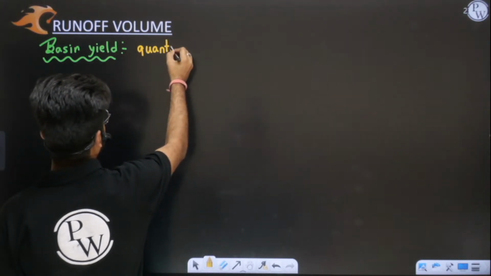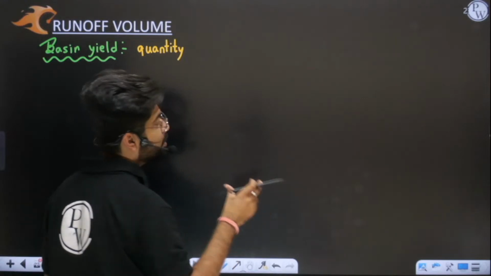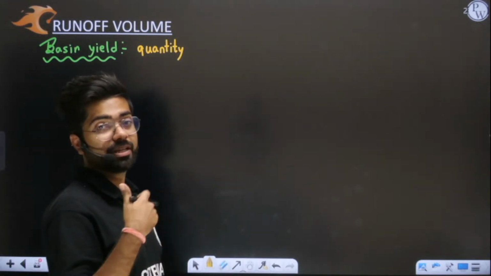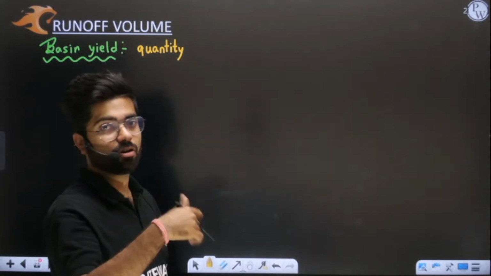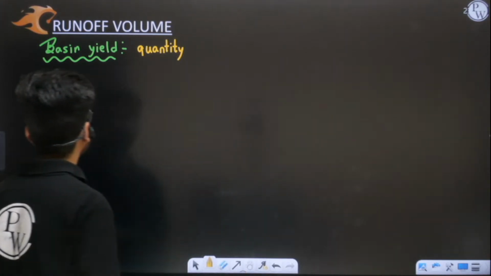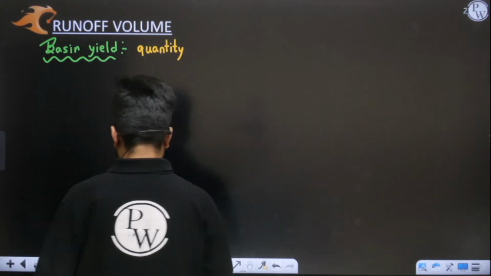After rainfall, in a certain duration of time, water will be coming out of the outlet of the catchment or basin. That total quantity of water is known as basin yield.